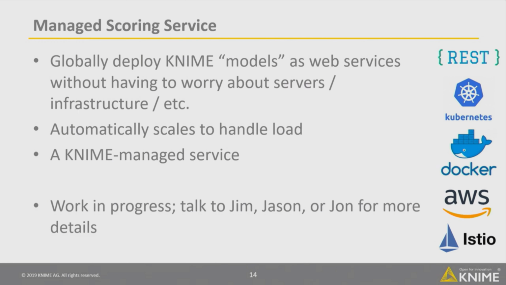So it's not host, but we manage the service. So your workflow that does a relatively simple task can be made globally available using the managed scoring service. We're still testing this, it's in beta. If you're interested, talk to Jim or Jason who are here. John's not here, but he also has been involved in this work. So this is also a neat one. Again, I'm not going to get into details on this.